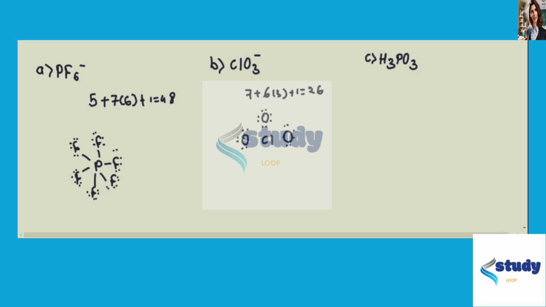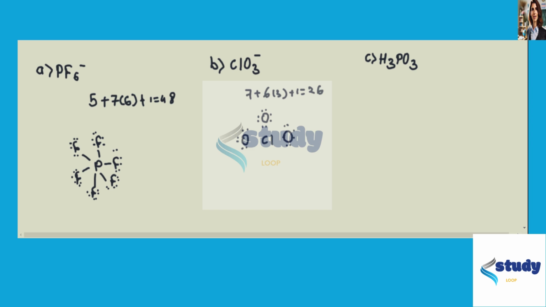So now by making this octet, it looks pretty good, except chlorine is in period 3 of the periodic table. That means that it can often hold more than 8 valence electrons. So we need to check our formal charges.